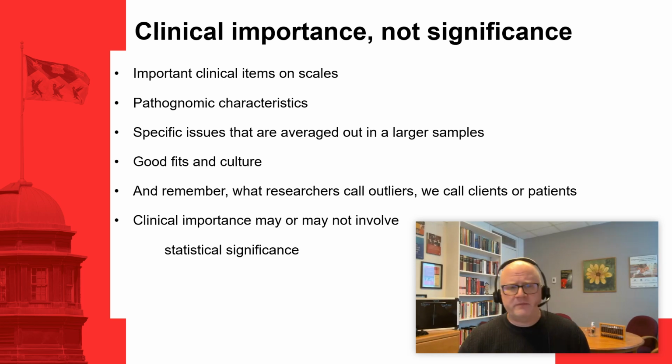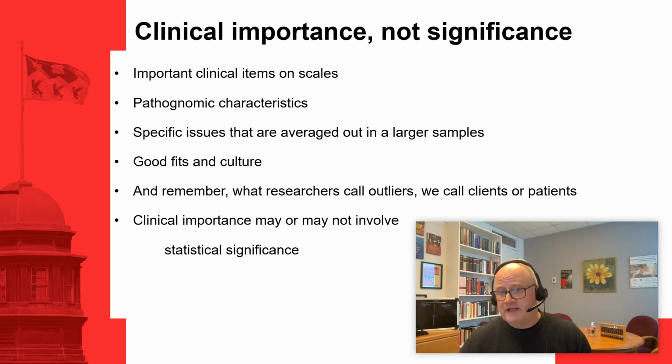The other thing to remember is when we do research, results can be averaged out over large samples. It doesn't tell us what works best for some people in some situations because results tend to get averaged out. Usually you're comparing means, averages. And that's fine for the overall group, but what researchers often call outliers, we call clients or patients.